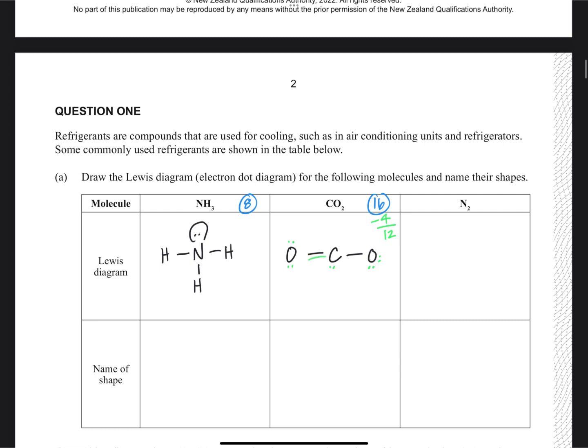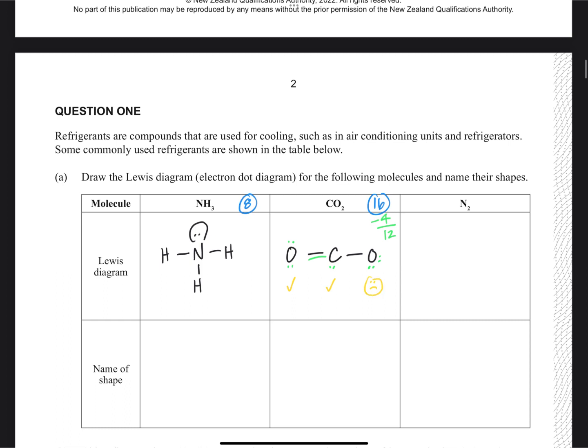Okay, now let's do a double check, make sure everybody's happy. Oxygen on the left, 2 lone pairs, and 2 bonds, that's 8. Carbon in the middle, 1 lone pair, 2 bonds on the left, 1 bond on the right, that's 8. Oxygen on the right, 2 sets of lone pairs, but only 1 single bond, so he's still a bit sad.